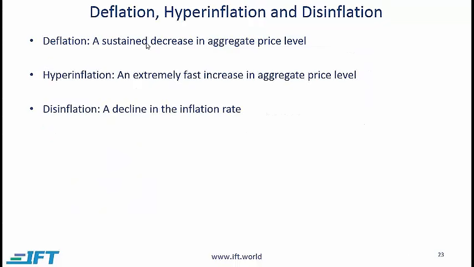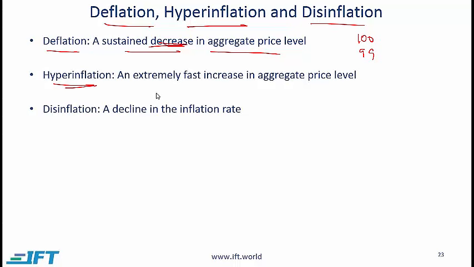Here are some terms that you need to know: deflation, hyperinflation, and disinflation. Deflation is a sustained decrease in aggregate price level. So if our price level is coming from 100 down to 99, down to 98, this is deflation, a decrease in price level.